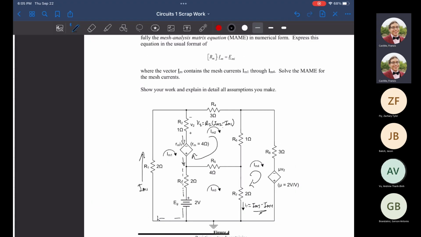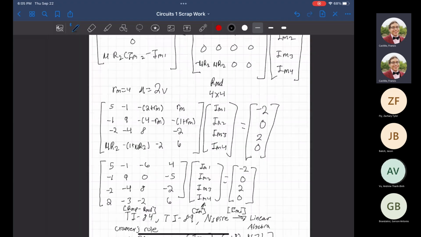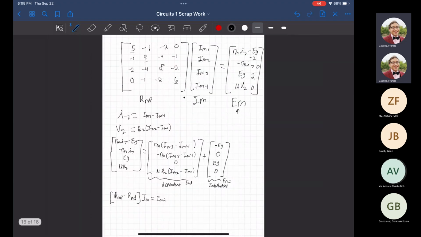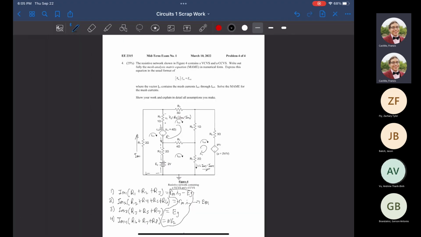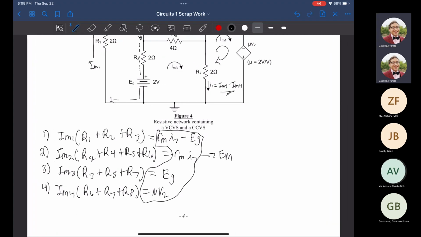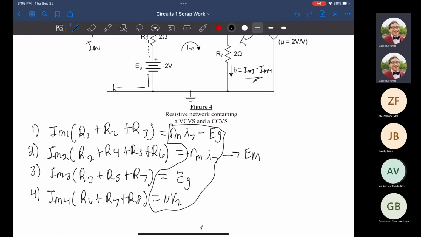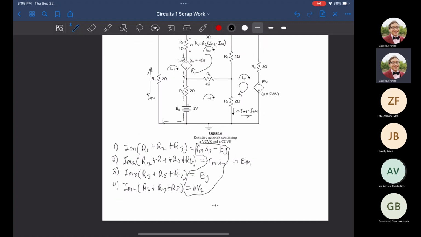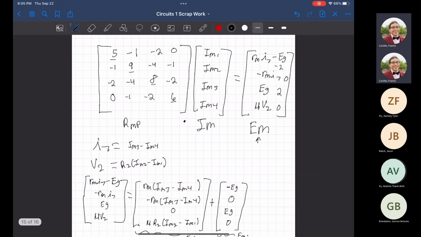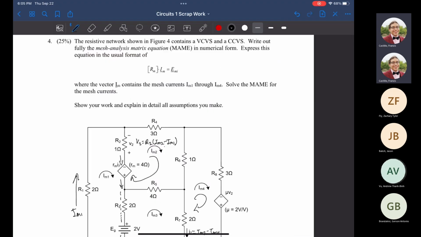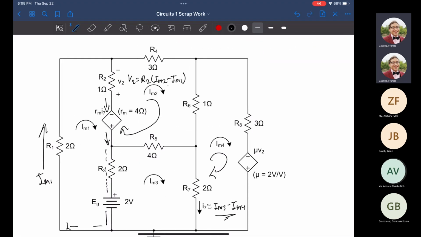But again, the real point I want to emphasize is a lot of this was just taking it one step at a time. So the final recap here, I usually like writing out the basic behavior of each mesh, then using that to set our foundation, figuring out how our dependent sources are influenced by their respective counterparts.